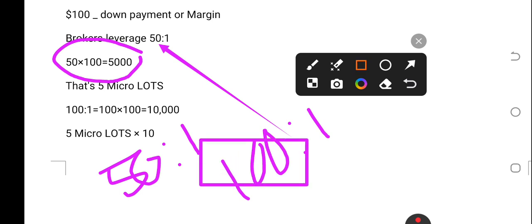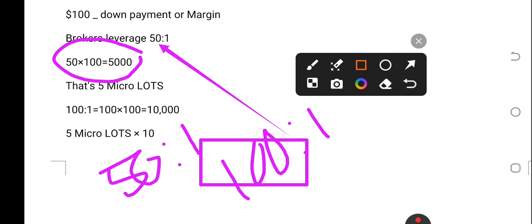So let's say you are putting $100 as your down payment or as your margin. 100 multiplied by 100 gives us 10,000. So that means with your $100, you can open a position size of 10,000 units of currency.